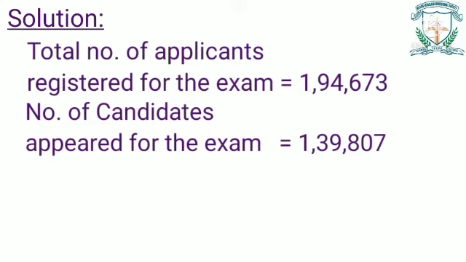We have to find the number of applicants who did not appear for the exam. Here, 1,94,673 is a minuend and 1,39,807 is a subtrahend. Let us arrange the numbers in a place value chart and subtract.